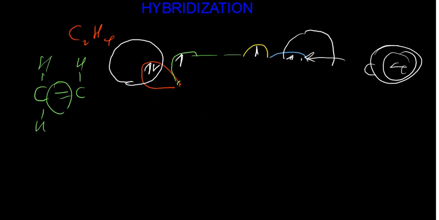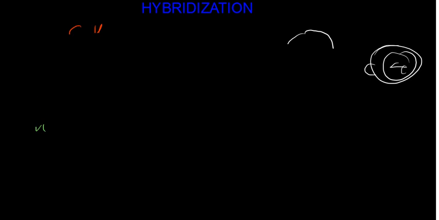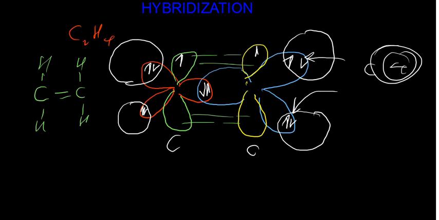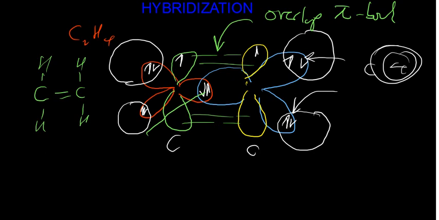Okay, so that which we can see, maybe let me just go a little bit behind. This one which results because of overlap is referred to as a pi bond. Now this bond which is formed here, or just any other bond which is formed without the overlap, is called a sigma bond. We'll talk about that more.